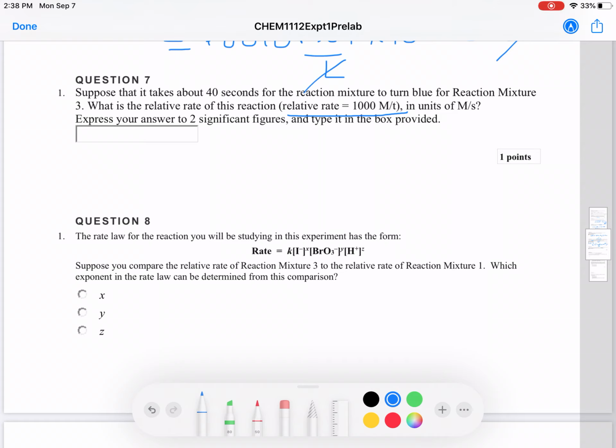So you take the number 1000 and divide it by the time it takes for the reaction mixture to turn blue. It takes 40 seconds, so you divide 1000 by 40. It's an easy calculation, so you can do that. So 1000 over 40 is going to be the relative rate of the reaction. Okay, and question 8.